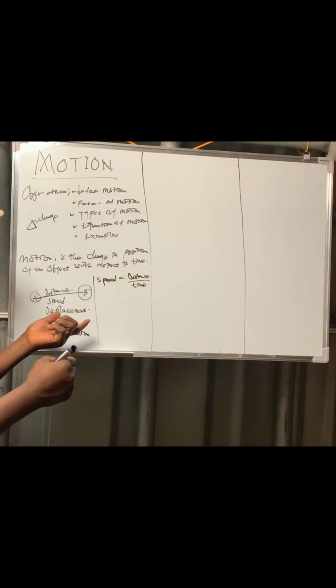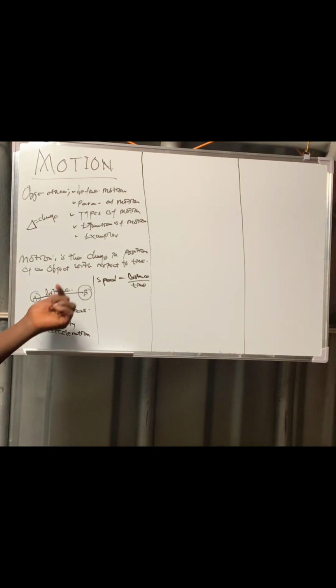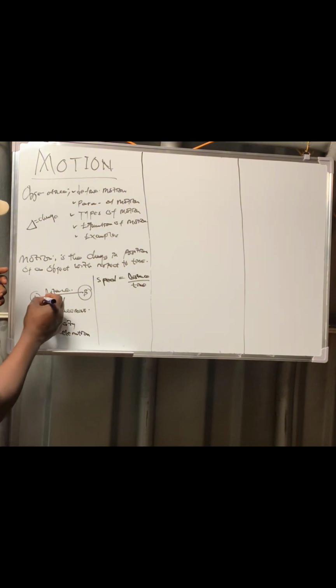Let's look at displacement. Distance is a scalar quantity. Displacement is just the total straight line path covered by this object to be able to move.